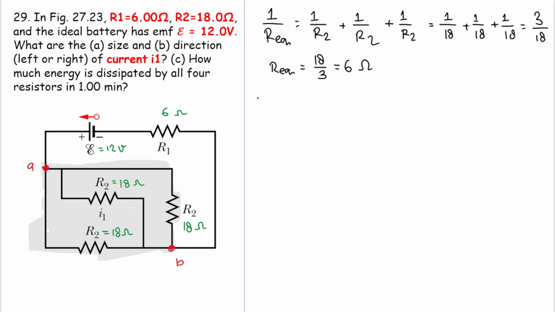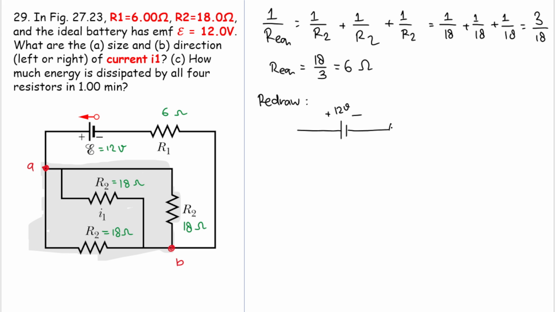Now let's redraw the circuit using a single resistor. So we will have this E here, this battery with the 12 volt EMF. So I will have plus and minus. This one will be our 12 volt.